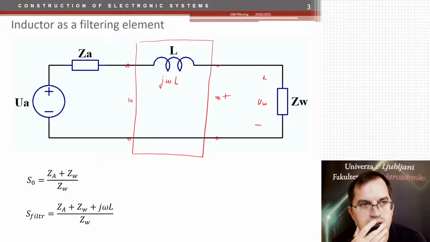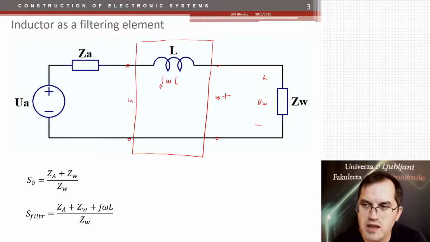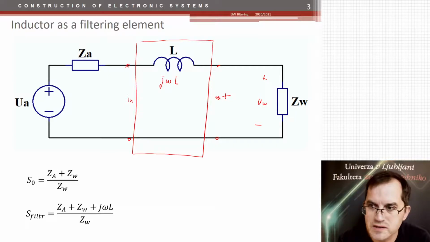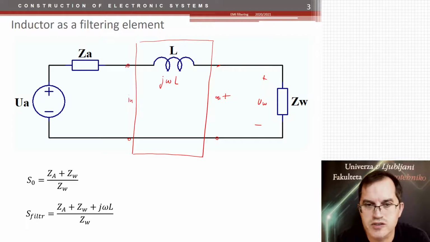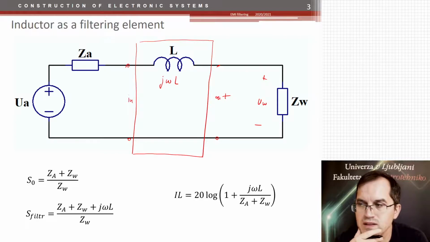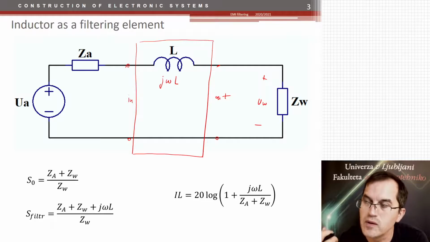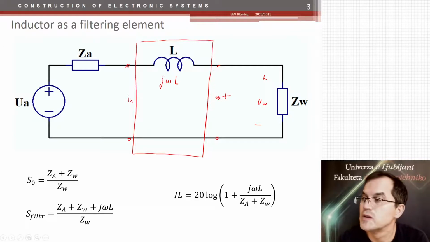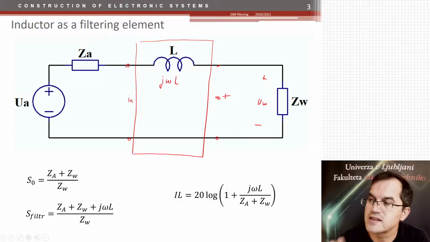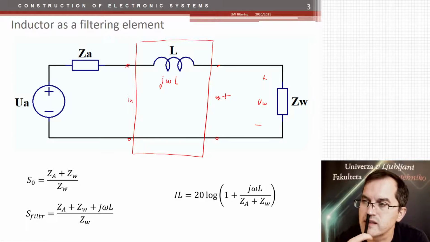The filtering attenuation is now the sum of 3 impedances over the initial impedance of the victim. And if we now calculate the insertion loss, we divide those two and we get this equation here. This can be derived anytime, so I suppose you can do that easily. Now, what is the victim impedance and how to use it? Let's state that the victim impedance is constant and the aggressor impedance is constant as well.